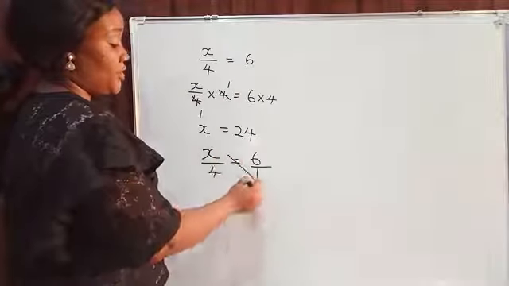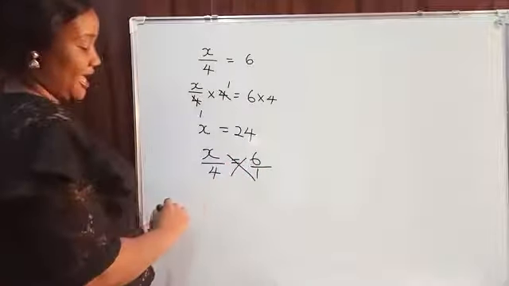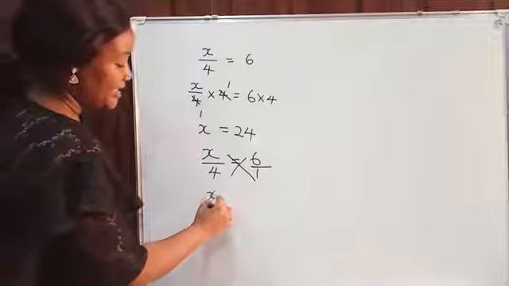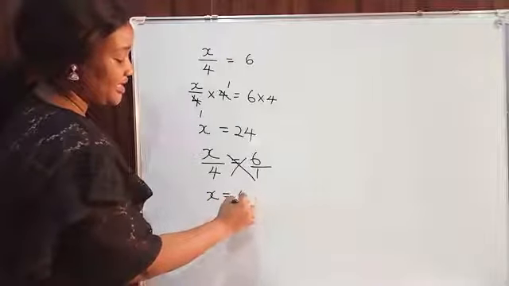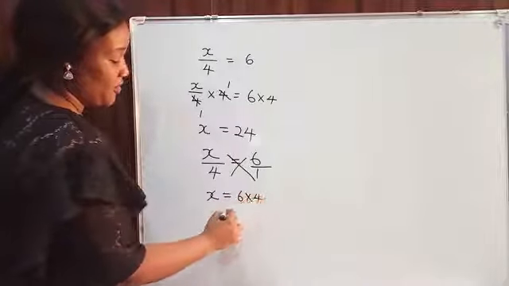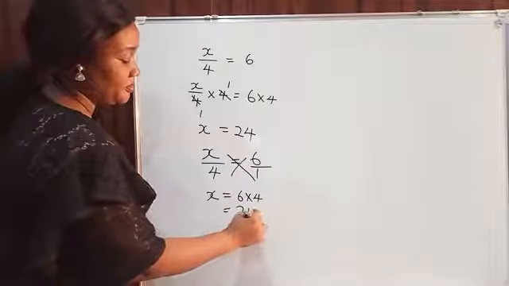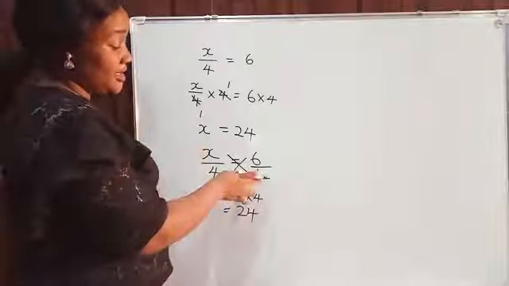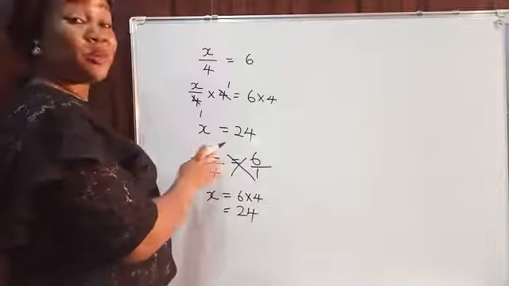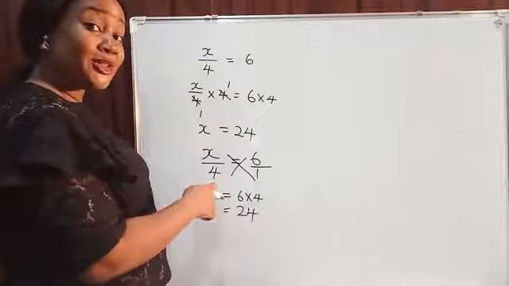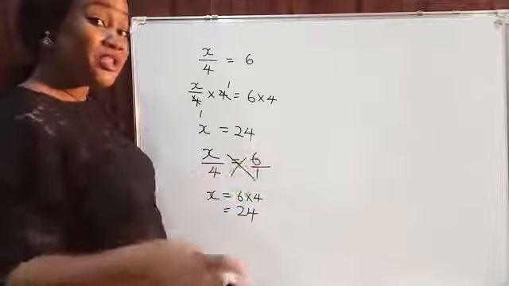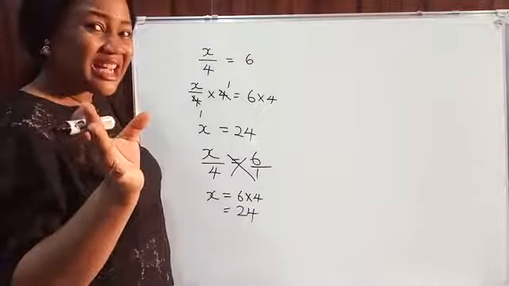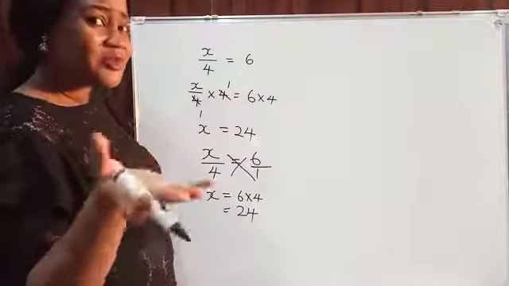So I cross multiply, and it gives me x equals 6 times 4, which equals 24. In cross multiplication, basically, you cross the numerator with the opposite denominator and the other way and equate them to each other. And you can see it's a bit easier to solve.